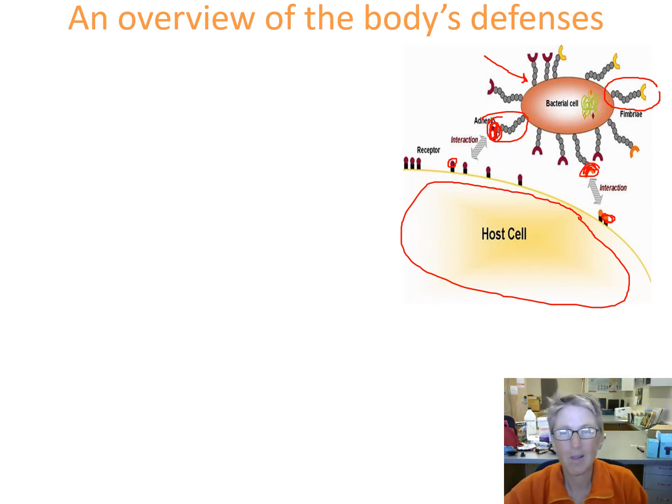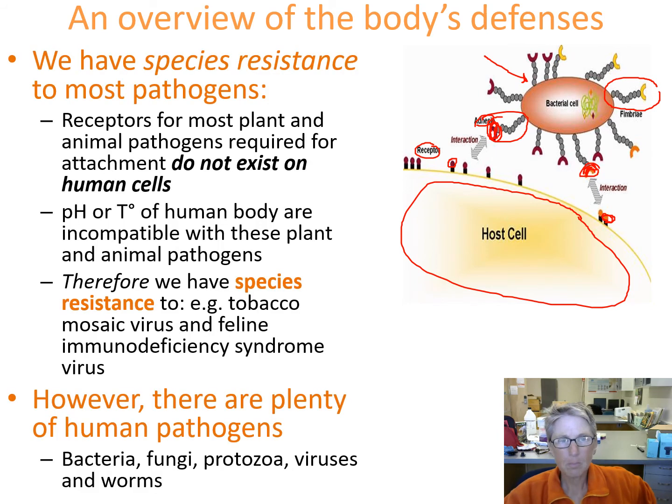This is just a cartoon. But they do stick to your host cell because of this adhesion receptor interaction. So bacterial cells will only stick to host cells if they can perform this interaction between adhesion molecules and receptor molecules.